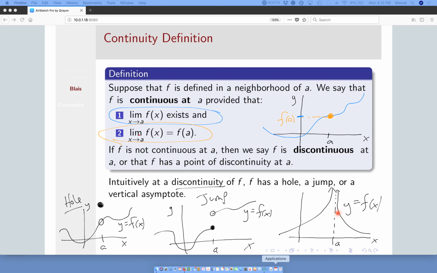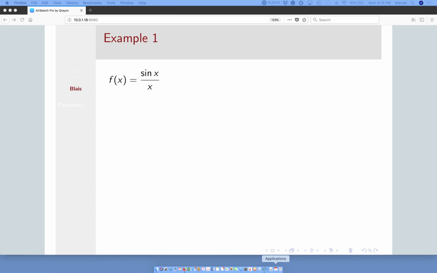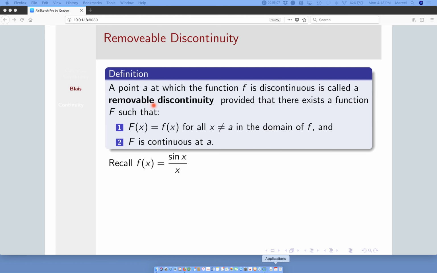You can't fix this asymptote without dramatically changing the function. When you have a hole, all you have to do is move this dot down to where this hole is. In the example we just did, just fill in that hole. And we give that a special name. We call that a removable discontinuity.